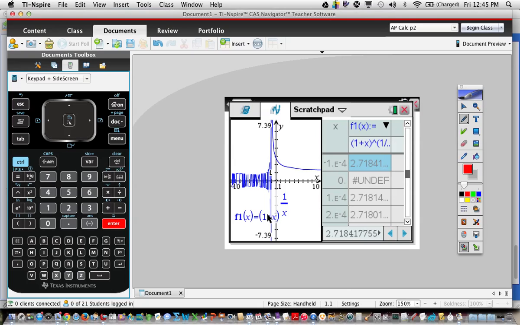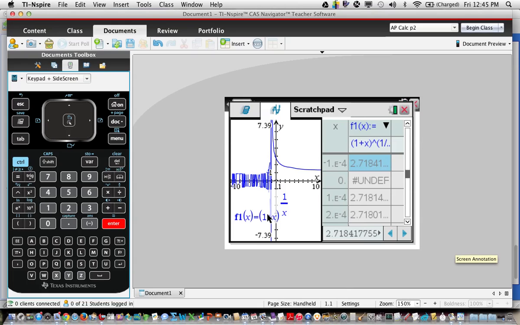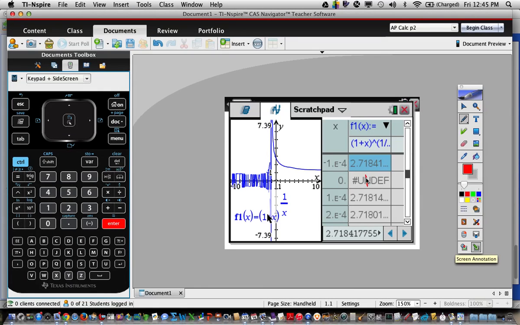Now, here's why I say this one was a little more interesting before. The calculator used to put a 1 right here instead of undefined. There used to be a 1 there, which really got confusing for people. Let's pretend there is a 1 there.